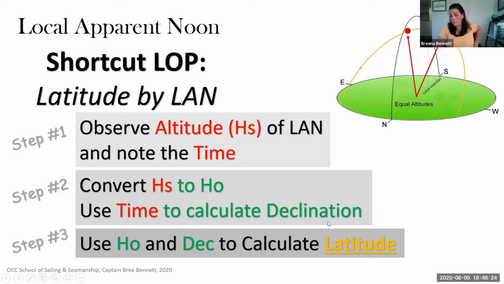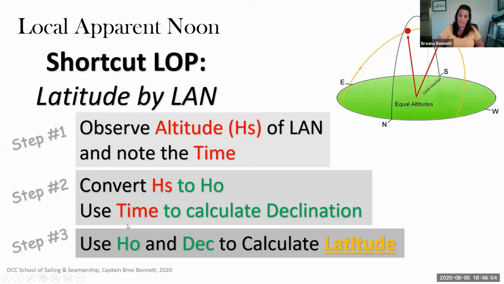So if you remember, our declination is a pretty simple calculation. It's D, or declination, a little d, and then declination. So we don't have to do a ton of minutes and seconds or longitude, it's just a short calculation, just dec d dec. So that's a lot less intensive than the full sight reduction.